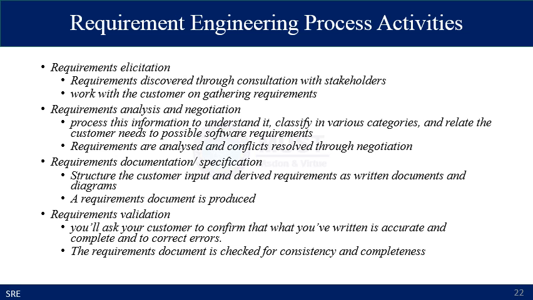The requirement engineering process activities involve requirement elicitation, analysis, documentation, and validation. In the elicitation phase, again, requirements are discovered through consultation with stakeholders. The requirement engineer works with the customers on gathering requirements.